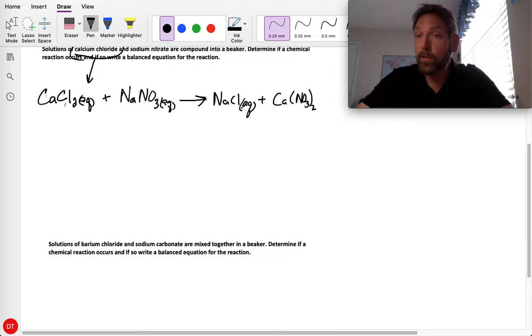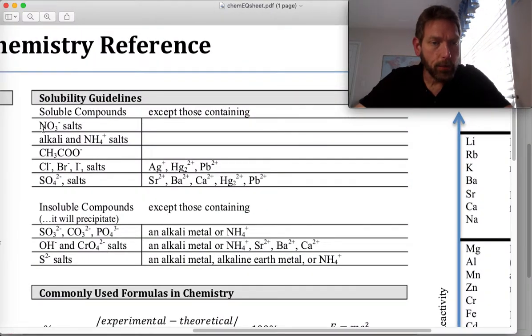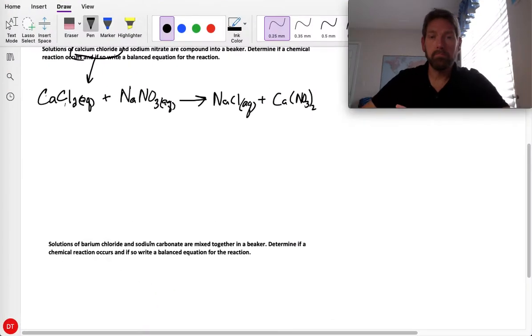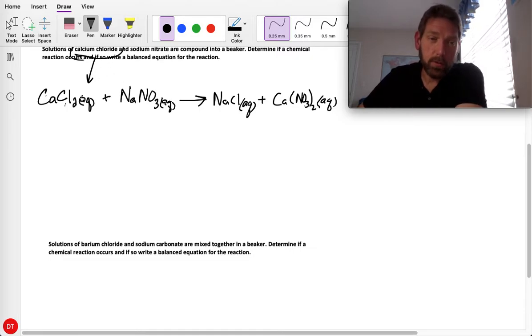All right, now we've got calcium nitrate. So we go back to our table, and nitrate salts are soluble, and there are absolutely no exceptions. So according to this, it is soluble. So we go back and we realize that this substance is also soluble. So according to this, we have a solution here and a solution here.